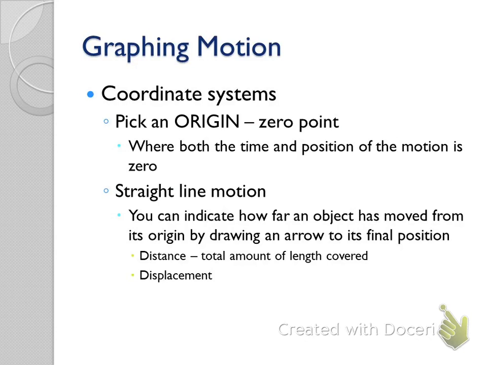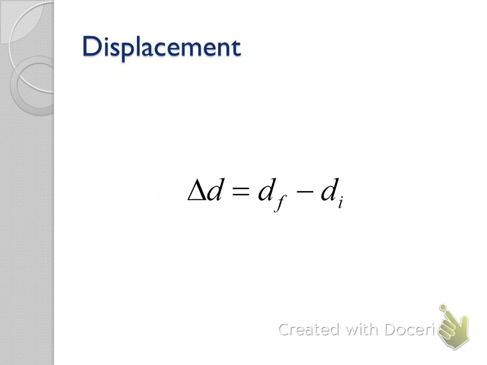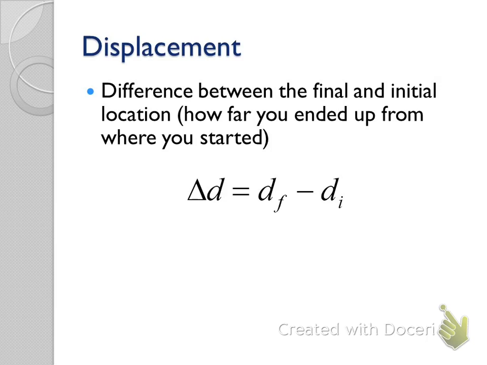And you need to know the difference between these two things, okay? Because we use displacement much more often than we use distance. So distance is the total amount of length, right? It could be in meters, it could be miles, it could be steps, whatever it is, but it's the total amount. Whereas displacement is the difference of your locations.